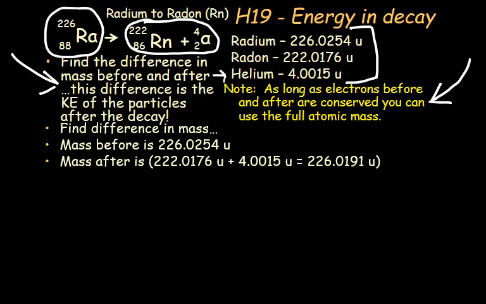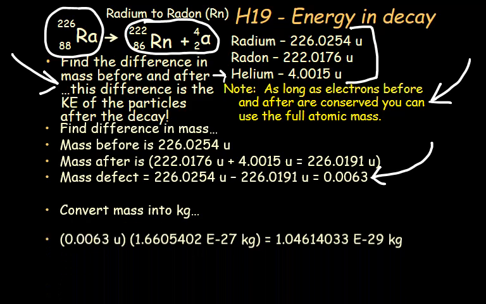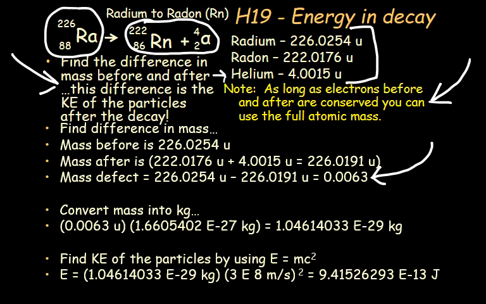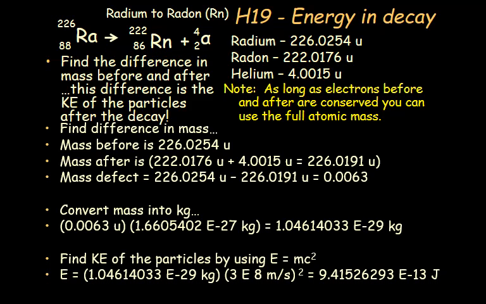Afterwards, it's radon plus helium, and we can get the mass defect. We'll subtract the two, so this is the difference in mass before and after. Therefore, if we get that mass in kilograms and use E equals mc squared, that energy will come out to be this, and that is the kinetic energy of the particles.